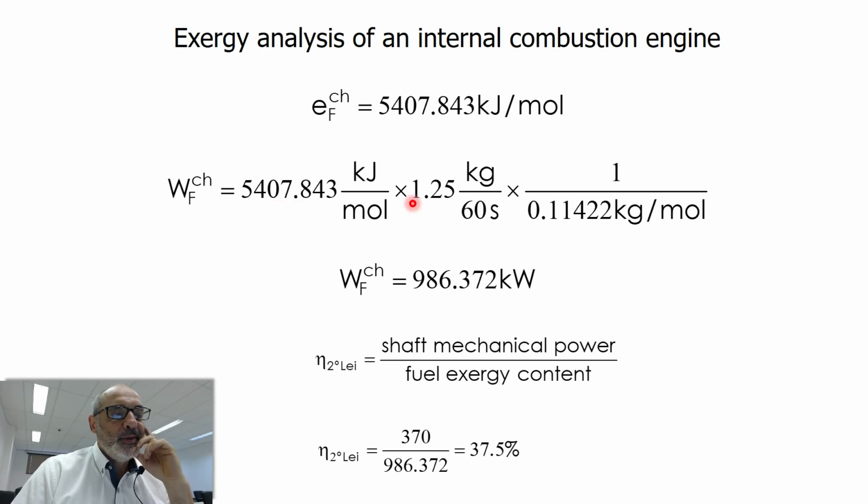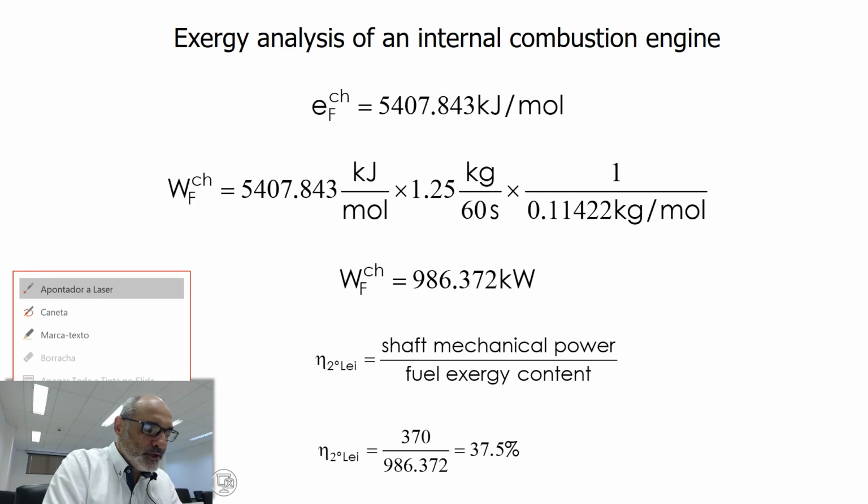I'm just going to multiply by the flow rate because I don't want to work with specific quantities. So that's the exergy content times mass flow rate in kilograms per second. It was given in kilograms per minute, so 1 minute is equal to 60 seconds. And I have moles, I have kilograms, so I'm going to divide by the molar mass of fuel, which is here, the molar mass of octane.